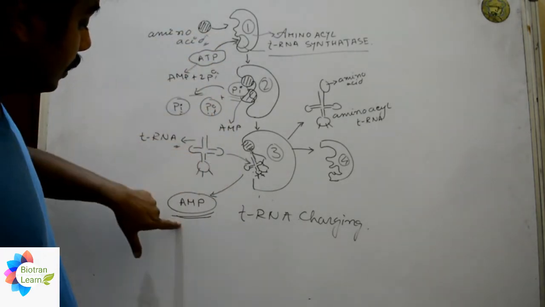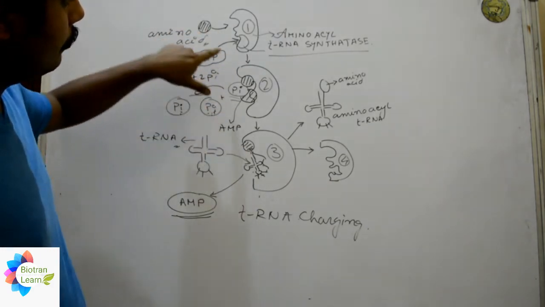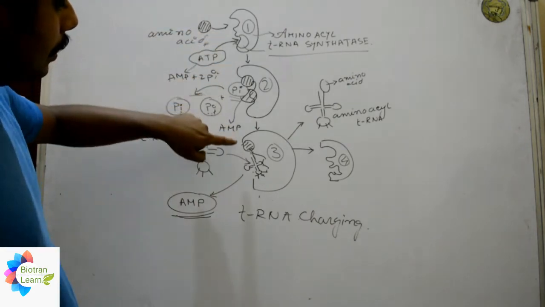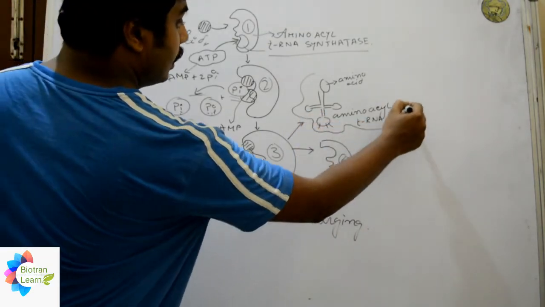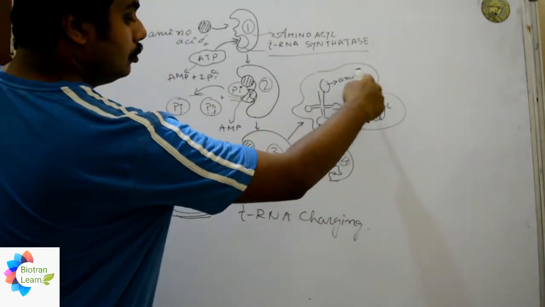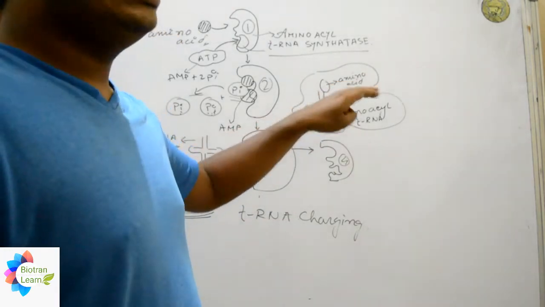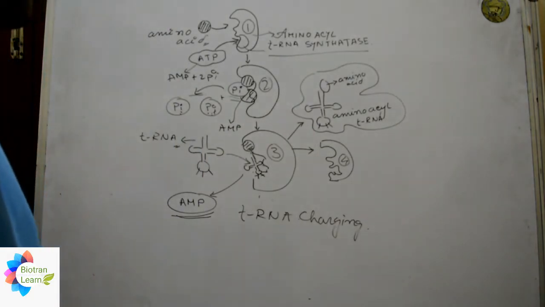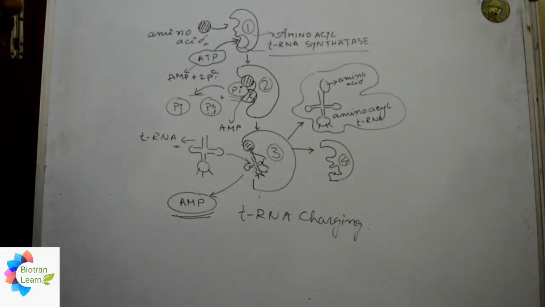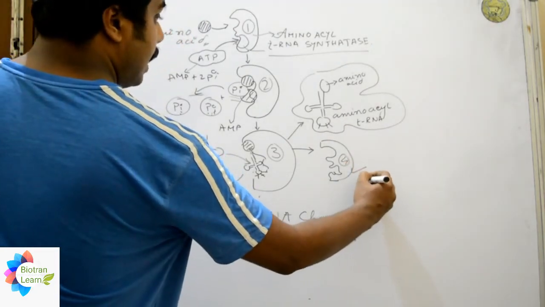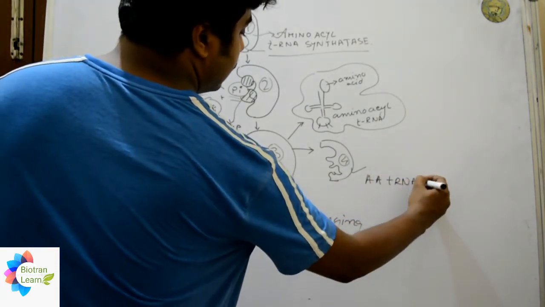By replacing the AMP, the tRNA will bind to the amino acid. Then afterwards, at step 4, the tRNA and amino acid will bind together to form amino-acyl tRNA, which will later play its role in the translation process, and it will release the amino-acyl tRNA synthetase enzyme.